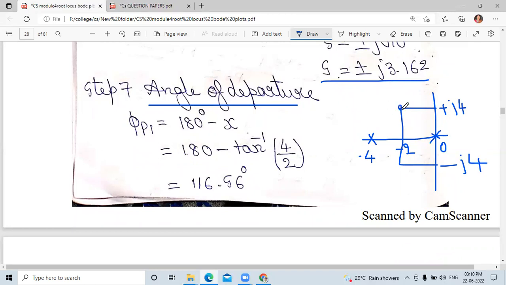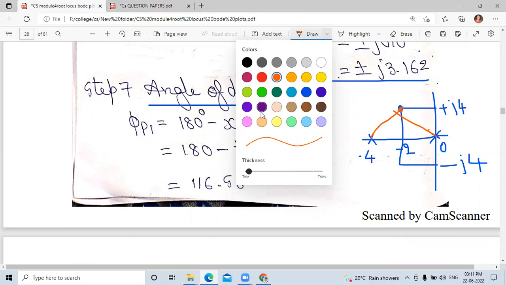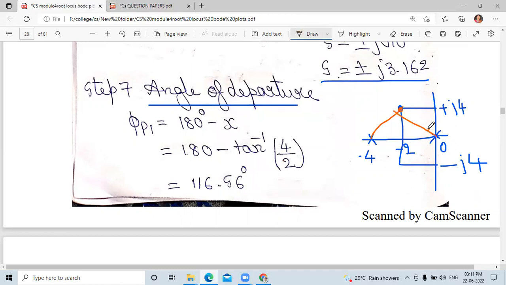Now for this point, we are considering only minus 2 plus j4. So we join the poles and find out the angle for this. From here to here, this is phi 1.